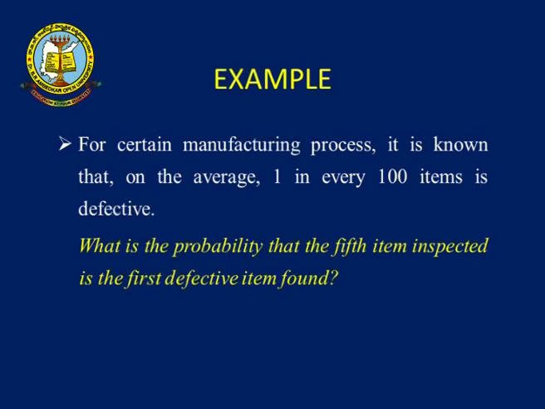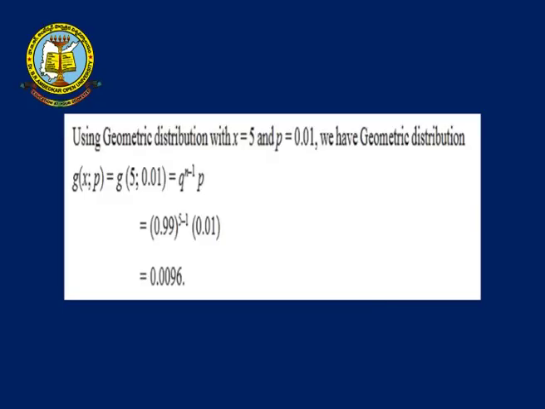For certain, another example we are seeing here. For a certain manufacturing process, it is known that on the average 1 in every 100 items is defective. Average లో 1 లో 100 item లో కుడుతుందోచు. What is the probability that the 5th item inspected is the first defective item found? 5th item లో the first defective item ఎట్లా we can find చేస్తాం. Using the geometric distribution, x is equal to 5 and p is equal to 1%, కాబట్టి 0.01.